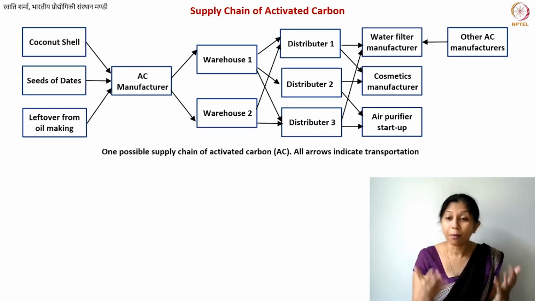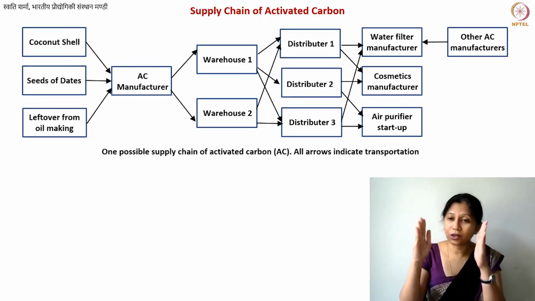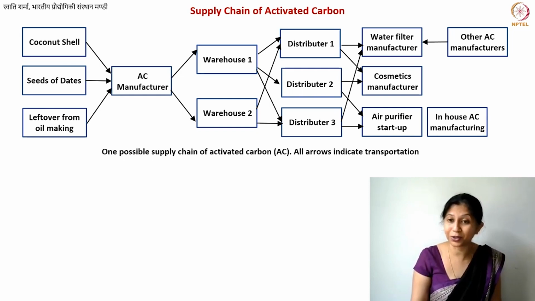But if you want to make a supply chain for this water filter guy, they also will have some other suppliers. Maybe they are not just buying the activated carbon from you, but from other manufacturers as well. Also maybe your group of students are probably making their own activated carbon.